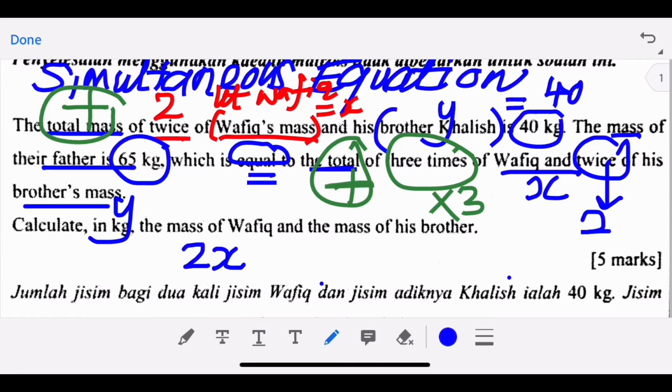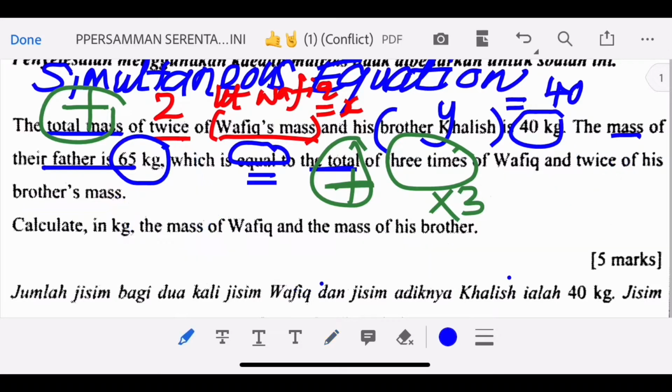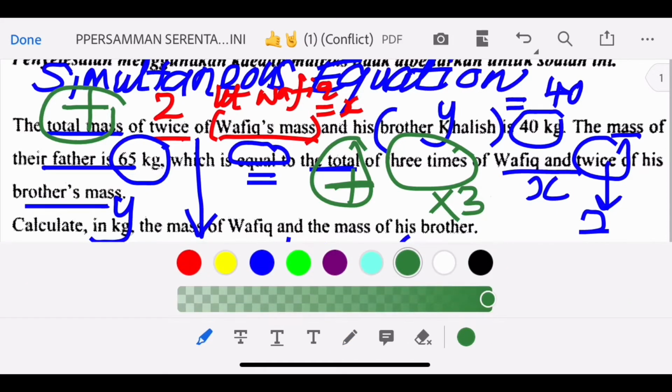So now we are going to write the equation from the first sentence: 2x plus y equal to 40. The first sentence we settled already, right? You clear? No problem, I guess everyone can do, right?